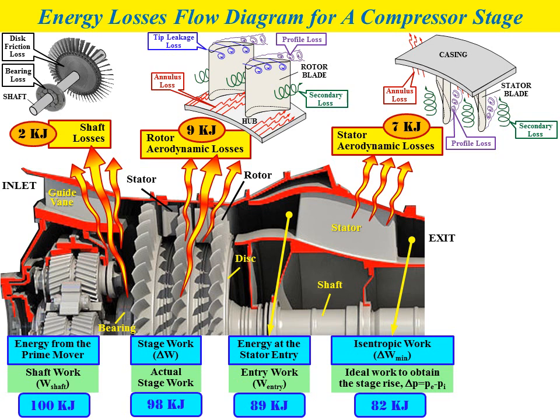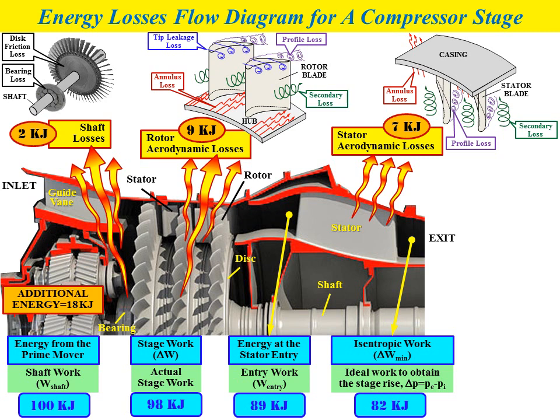So if you compare in terms of value the actual amount of energy that we need to supply to the compressor with the ideal energy, they are different, where the actual work will be greater compared to the isentropic work or ideal work. These are the reasons why we need to supply more work to the compressor for the actual process.